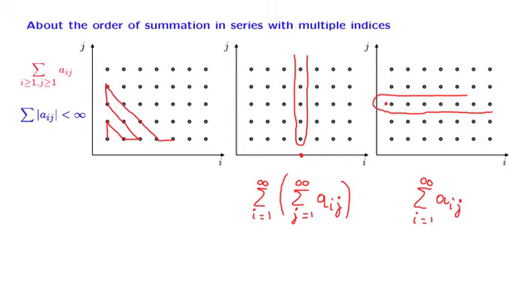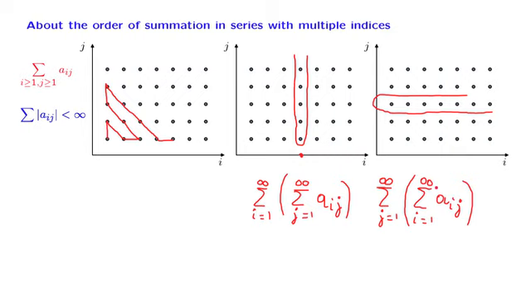We obtain one such infinite sum for every choice of j, and then we take that sum that we obtain for any particular choice of j and add over the different possible values of j. So j goes from 1 to infinity.